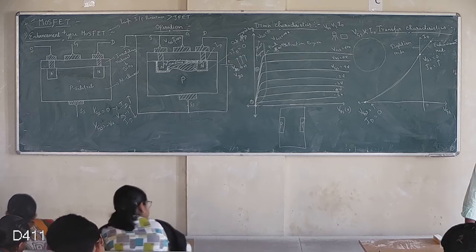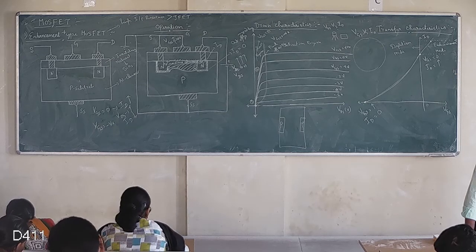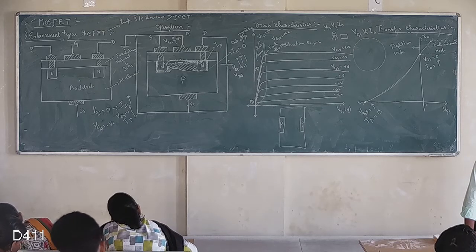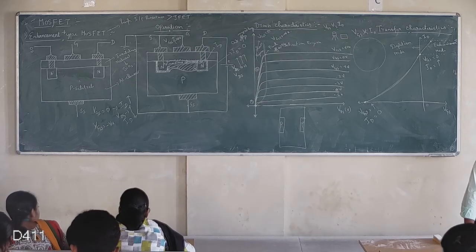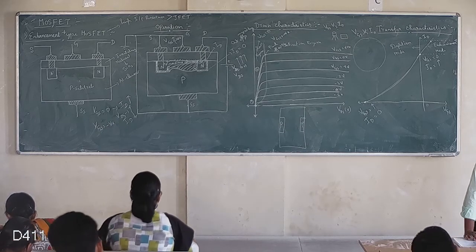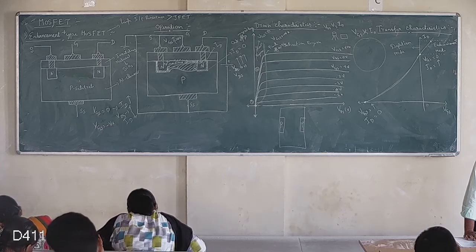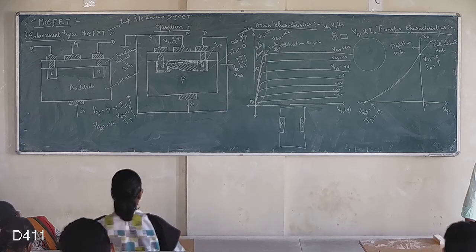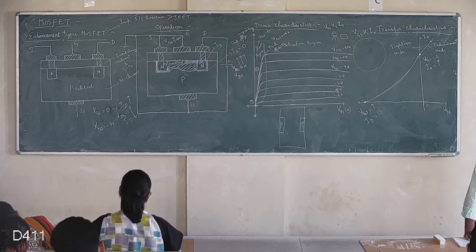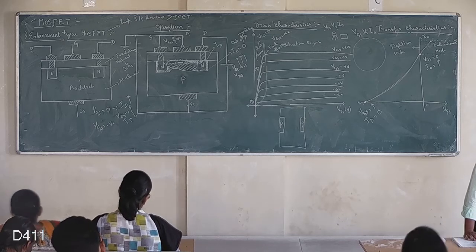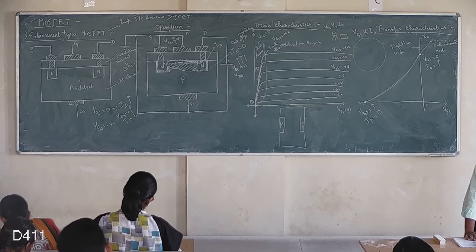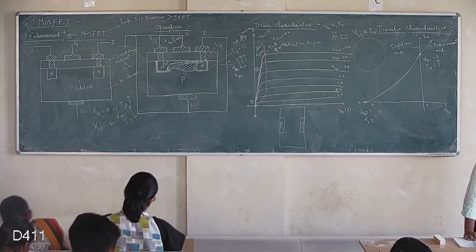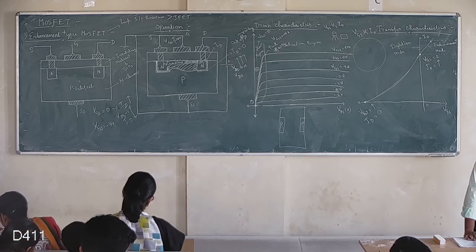If we further increase VDS, the voltage reached at the gate channel junction breaks it down due to avalanche effect.